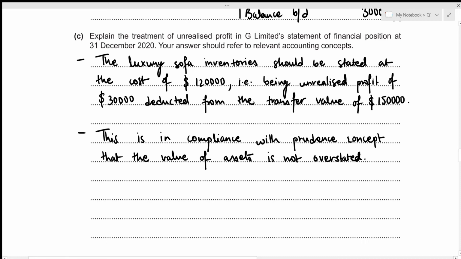And if you're not realizing the profit now, then the realization should be done once the goods are sold, which is stated by our realization concept. So this is in compliance with that as well. We need to record it.